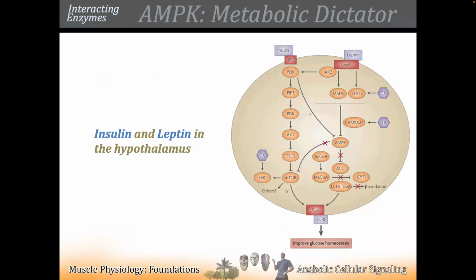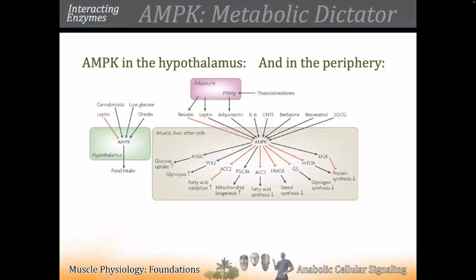So here's a look at insulin and leptin signaling in the hypothalamus, similar effects on satiety. And these pictures are looking at the hypothalamus and the periphery. So various things will stimulate or inhibit AMPK. On the left, that green box shows the hypothalamus. Leptin inhibits, ghrelin promotes, low blood sugar promotes, cannabinoids, marijuana, right?